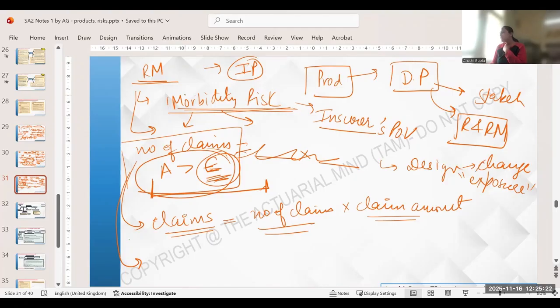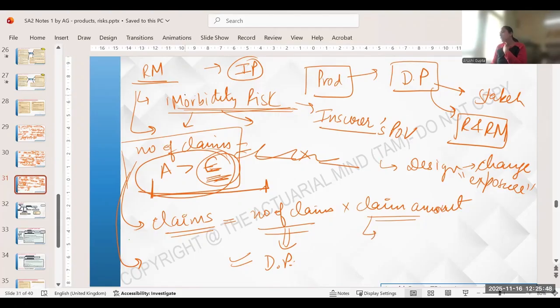For the number of claims, maybe I can put a deferred period condition so that many claims get resolved themselves during the deferred period. So is this a way to mitigate that risk exposure? Yes or no? Yes. Okay.